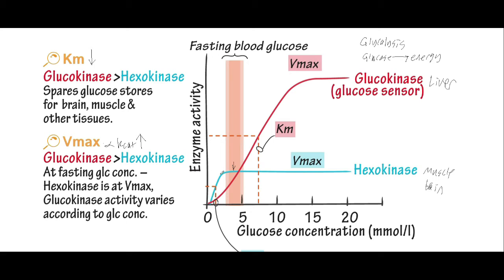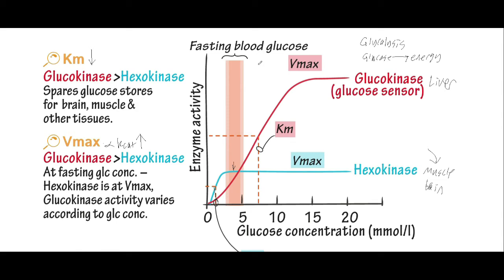We want it to be hitting its max at a very low concentration, because when we're at our normal fasting blood glucose concentrations, we want that glucose going to our muscles and to our brains, where it's going to be used for staying alive.